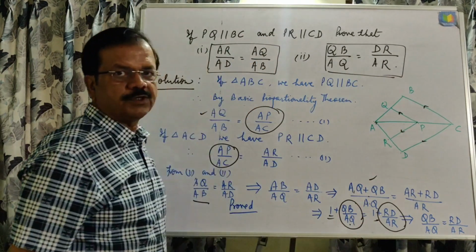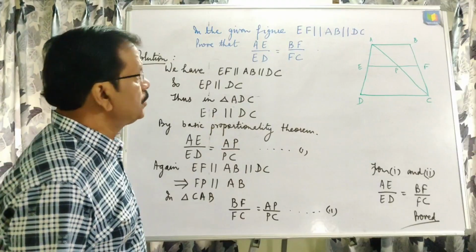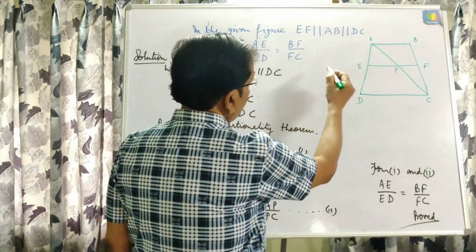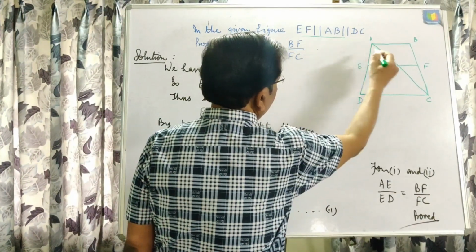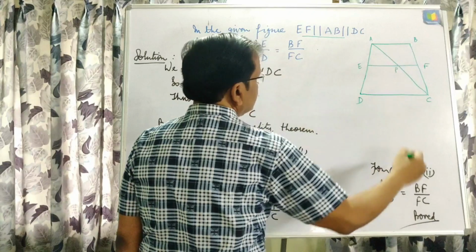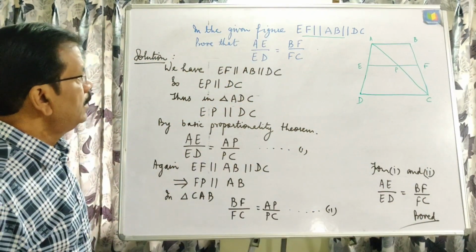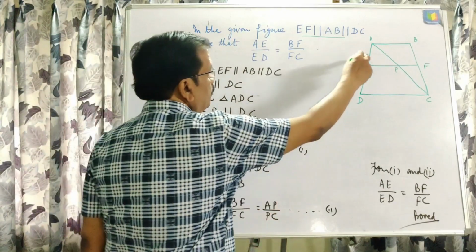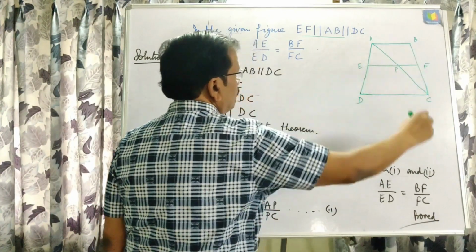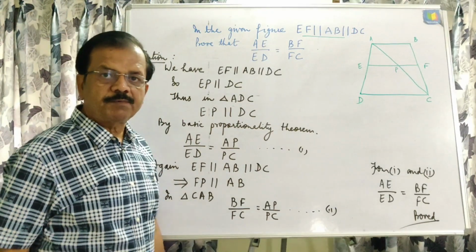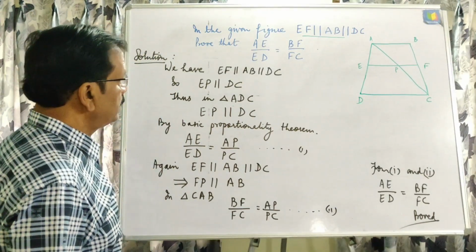Okay. Now next question. In this question, a figure is given in which EF is parallel to AB, which is again parallel to DC. These three lines are parallel. Then prove that AE upon ED is equal to BF upon FC. Again for this question we will apply the basic proportionality theorem, or Thales' theorem.